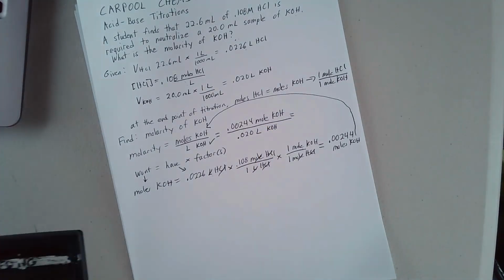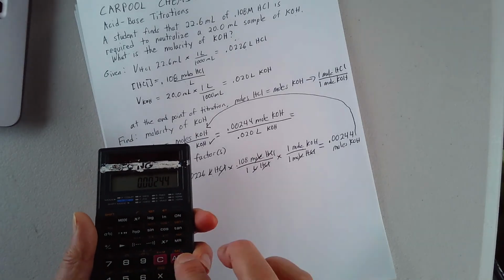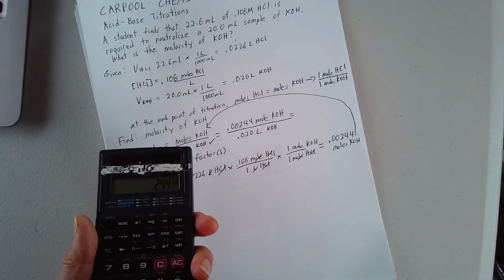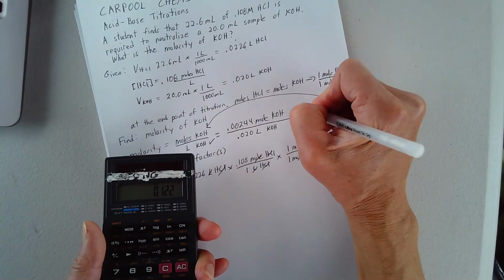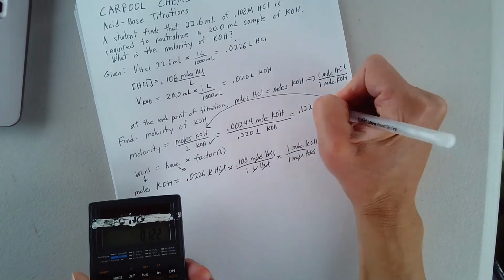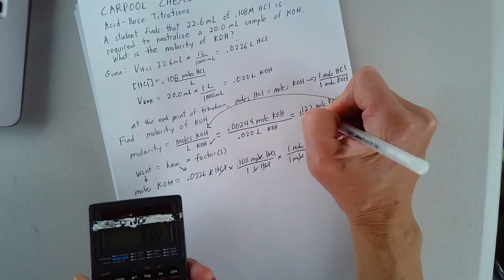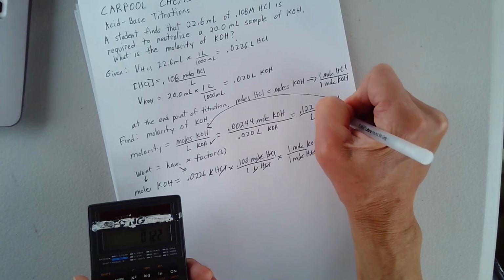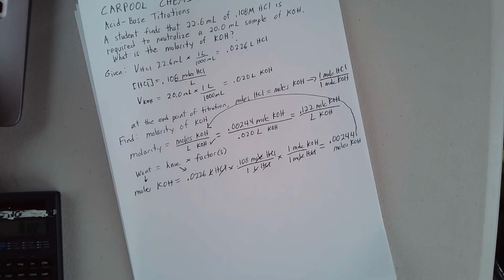And if we crunch that number, 0.00244 divided by 0.02, and you come up with 0.122 moles KOH per liter of KOH solution. And that's how you calculate the molarity of a base in an acid-base titration.